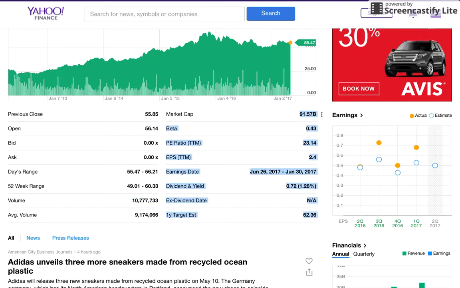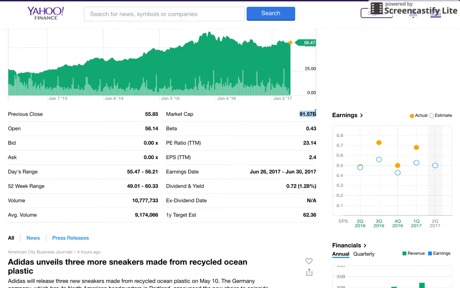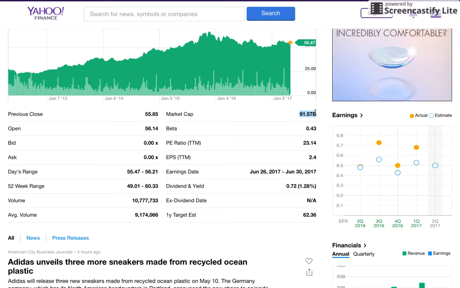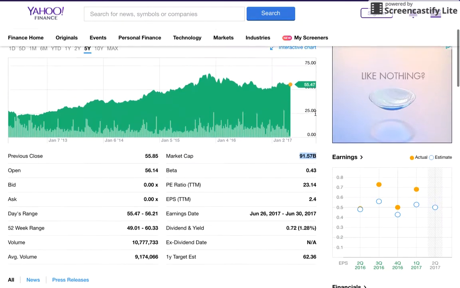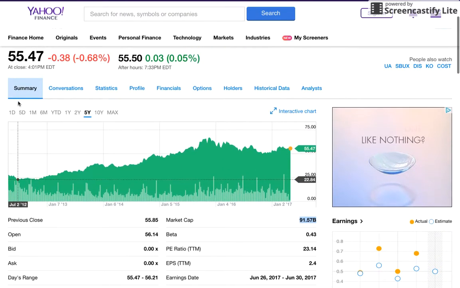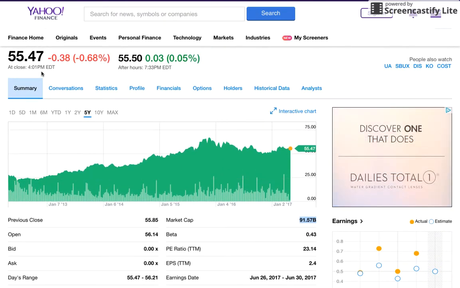Market cap. Essentially, I put a link in the daily lesson plan with more information about the market cap, talking about how big the company is and how much it's generating, $91.5 billion. But really that means nothing unless you can compare that to its stock price to show what the value is.